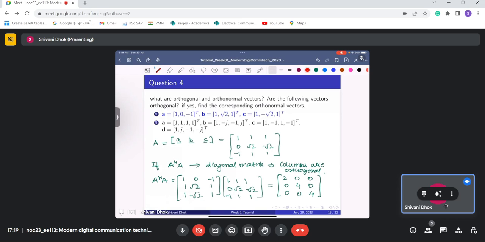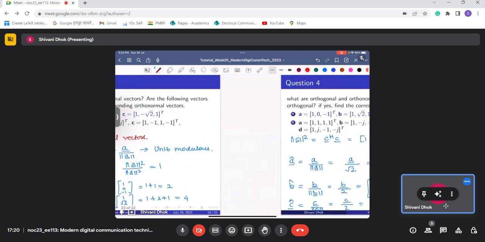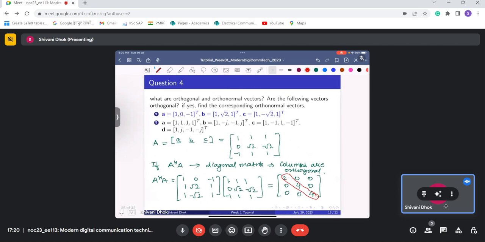Another thing to note is that the diagonal entries correspond to the norm square of each column. That is, this 2 is the norm square of the first column, this 4 is the norm square of the second column, and so on. So this simplifies the calculation a bit; you don't have to do so many calculations. You can just do a simple matrix multiplication and find out whether it is orthogonal or not.